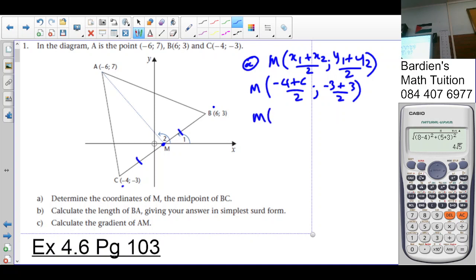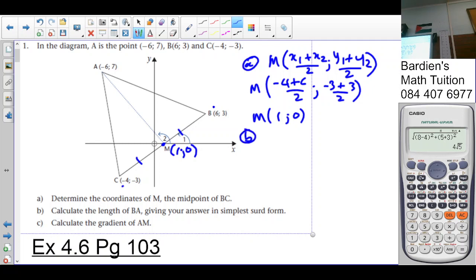So the coordinates of M would simply give you 1 and 0. Will you agree with that? What you should notice now is that whenever I calculate something, I put it on the diagram. Make that a habit as well.